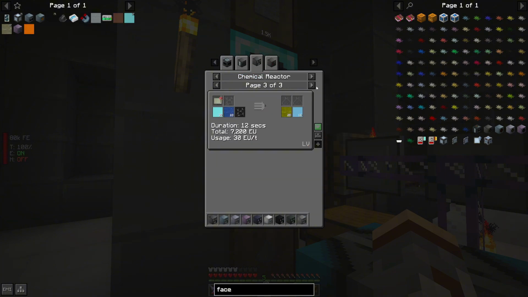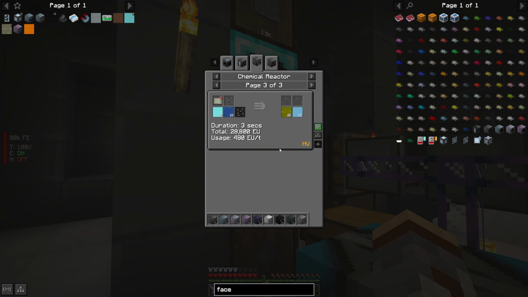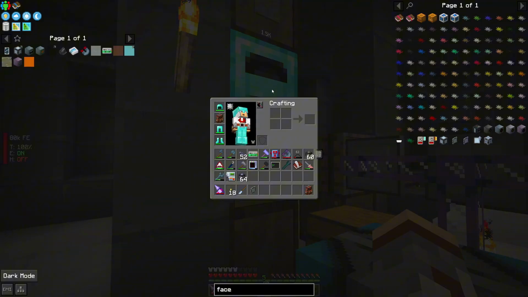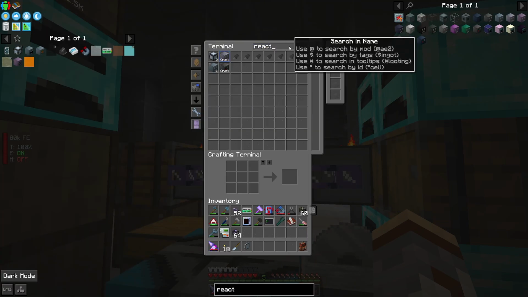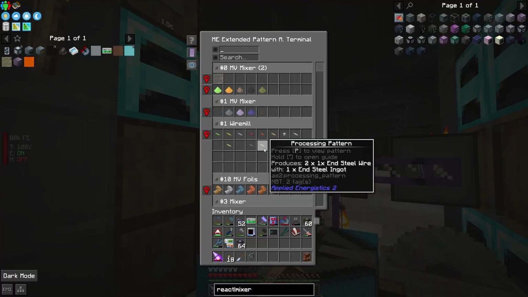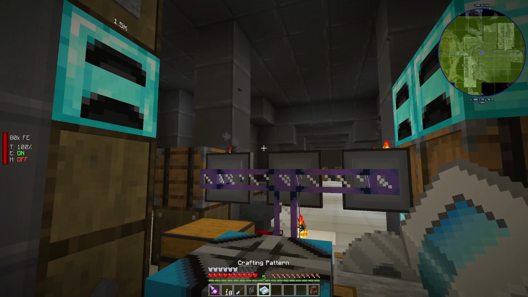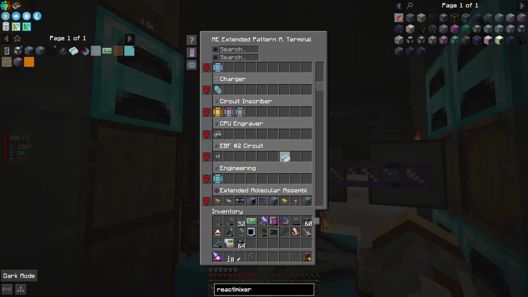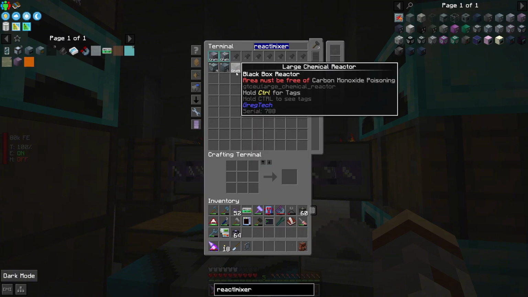And the nitric acid will also be HV. So I'll have to get a chemical reactor and a mixer. Do I have a mixer HV? No, okay. So let's get that set up. Doesn't require too much, which is great. So we'll put that in there and get that requested.